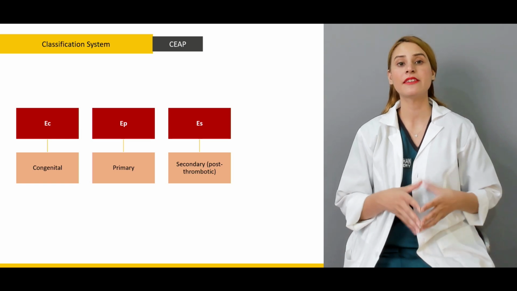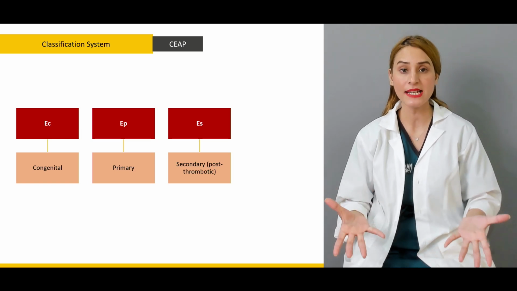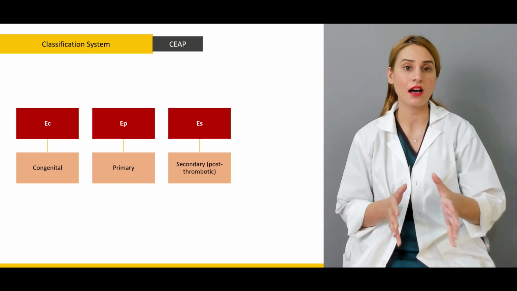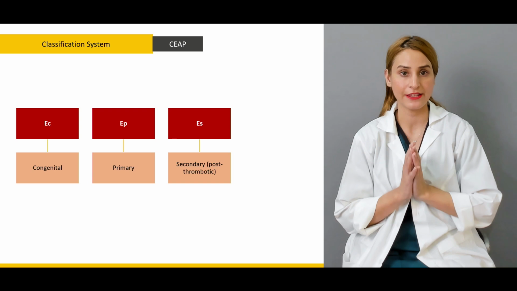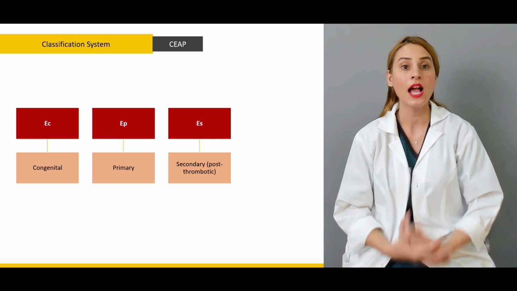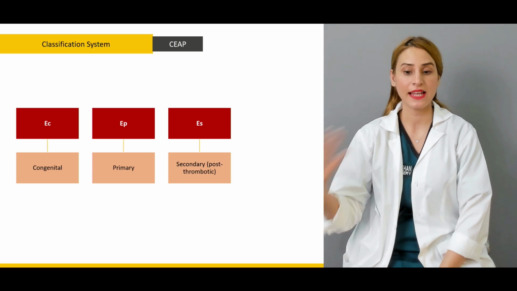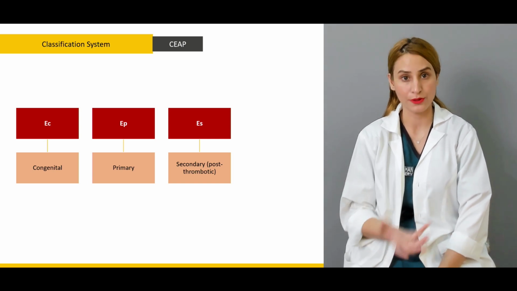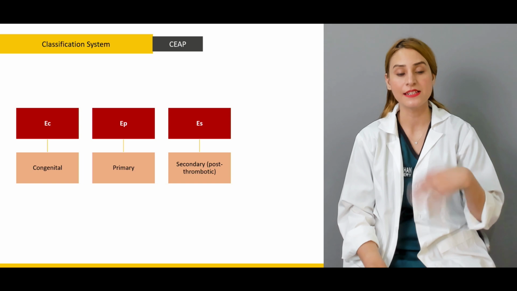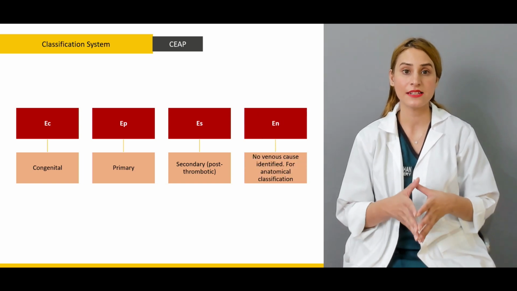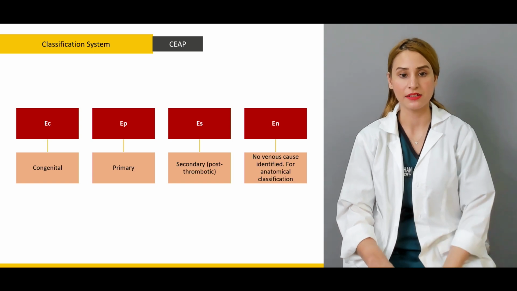EP, primary, means there is no DVT, there is no thrombus, and the main pathology or the varicosities are in the superficial veins, and there is no post-thrombotic complication. And ES is secondary to post thrombosis. So these are the etiological classification, and EN is no venous cause identified, and then you move to the anatomical classification.